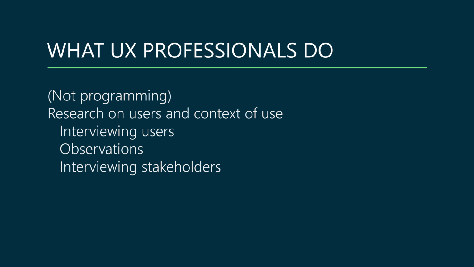It might also include interviewing your stakeholders, the people who are sponsoring the project. Remember, we said we need to know what the goals of the organization or the sponsor are, and so you may need to be interviewing them and talking to them. And these are all part of doing what we call user research.